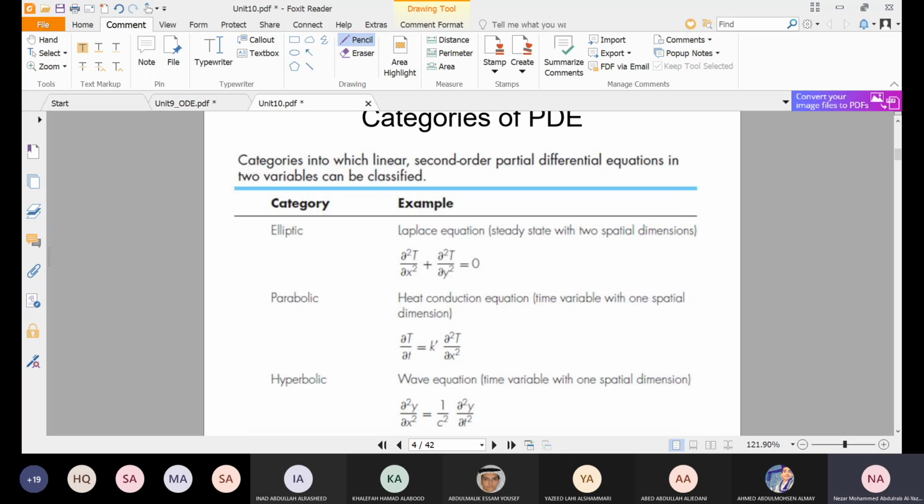You can see that parabolic contains a derivative with respect to t, hyperbolic contains a derivative with respect to t, while Laplace does not contain a derivative with respect to t. This wave equation contains the second derivative of y with respect to x equal to 1 over c squared, a constant, multiplied by the second derivative of y with respect to t.